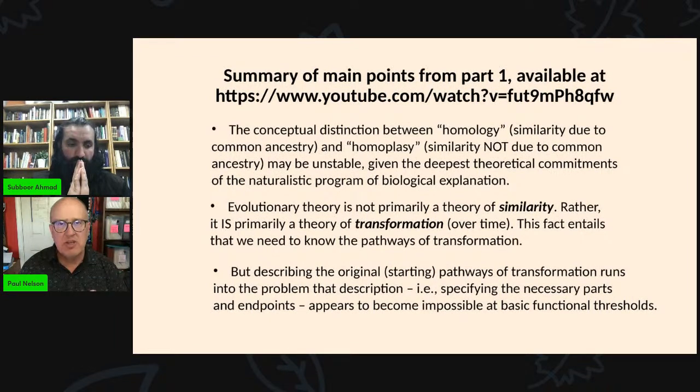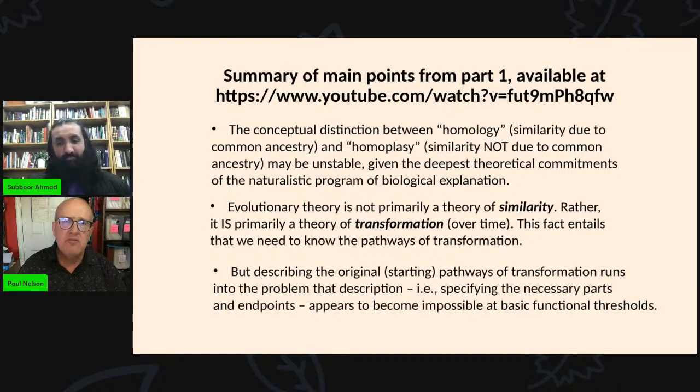There are transformations that occur in that process, for example from the original chordate body plan to the tens of thousands of different chordates that we observe today. There have been transformations all along those lineages. That needs to be documented.